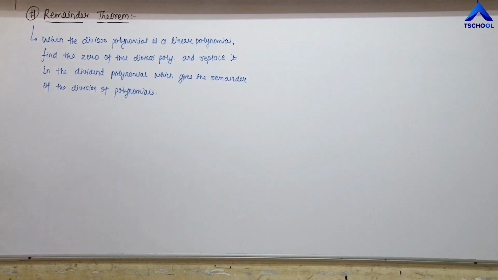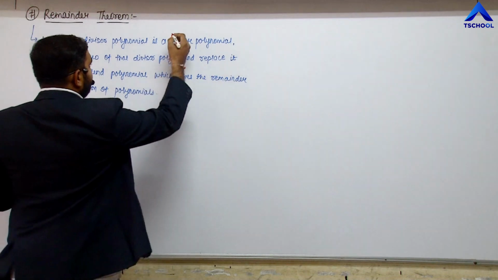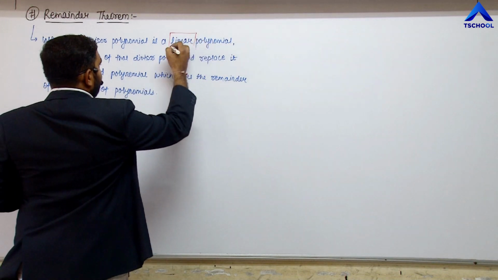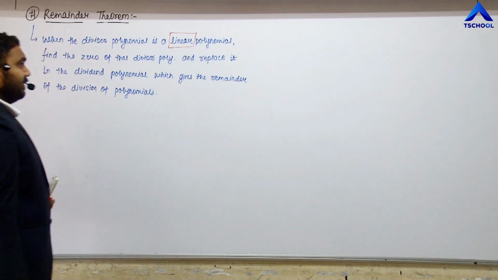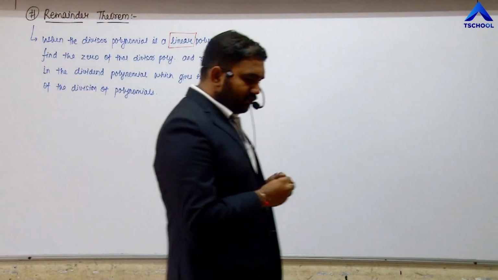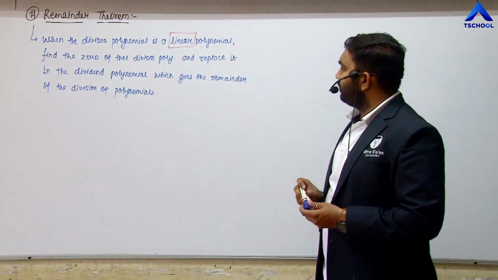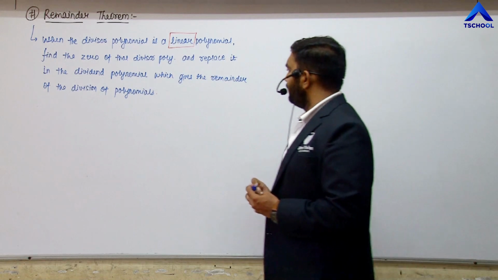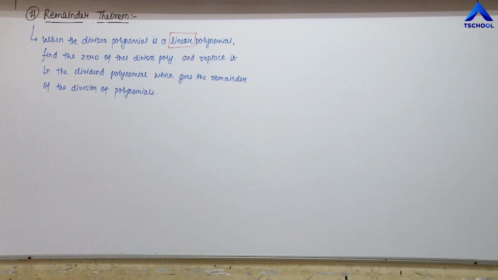When the divisor is a linear polynomial, friends, note that I am talking about only a linear polynomial. Whenever the divisor is a linear polynomial, at that time only find the zero of that divisor polynomial. How are you going to find the zero? The zero is found by simply setting it equal to 0. So find the zero of the divisor polynomial and replace it in the dividend polynomial, which gives us the remainder polynomial of the division of polynomials.